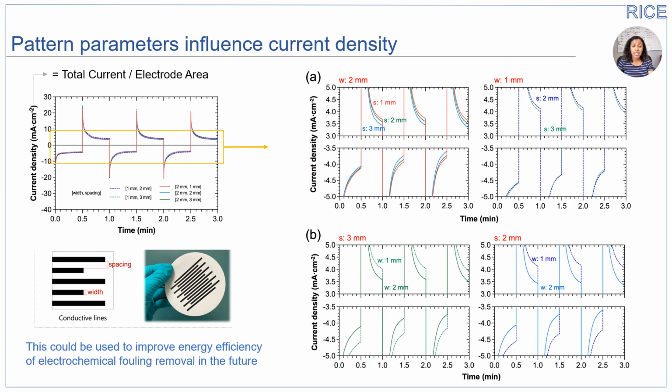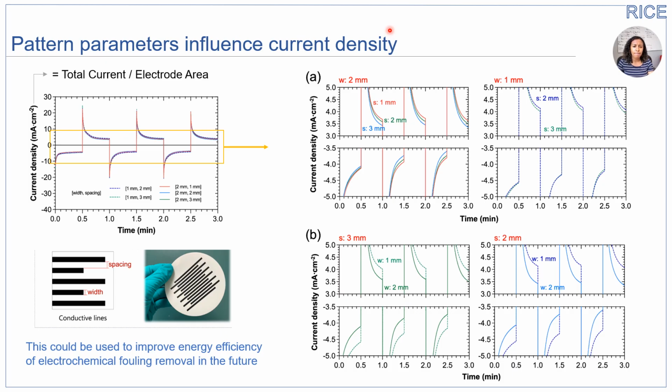A couple of other findings from this paper are that the pattern parameters, such as the electrode width here and the spacing, do impact current density. So here current density is the measured current divided by just the electrode area and not the total membrane area. We found that at constant electrode width, so the top two graphs here, smaller spacing increases the current density.